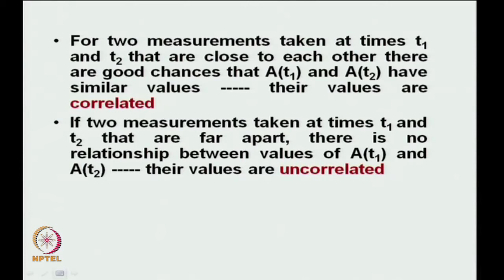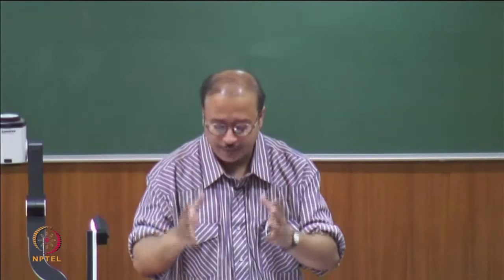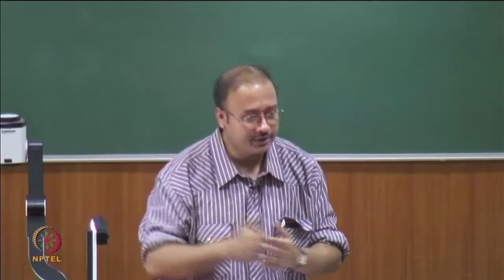This is the statement of correlation and non-correlation. What do we exactly mean by this? It is very simple. Think about this: your particle of mass m is inside the solvent, and the solvent molecules are hitting it randomly.